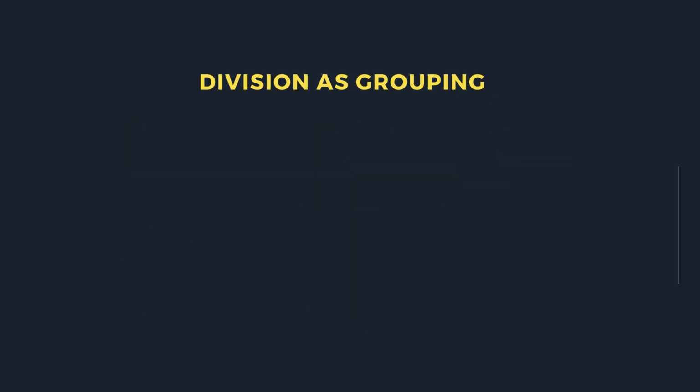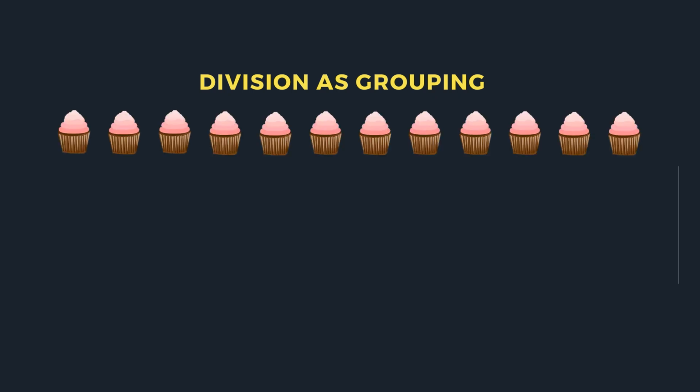For the concept of division as grouping, let's look at this example. There are 12 cupcakes. If the cupcakes are arranged so that there are 3 cupcakes in one plate, how many plates of cupcakes will there be? What we will do is make a group of 3 and put each group in a plate.